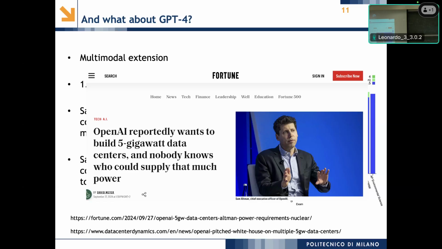Also in the US, I think the Stargate project is an investment of about 500 billion on AI infrastructure to favor the advancement in Gen AI. Okay, this kind of technology. So that's the general trend.